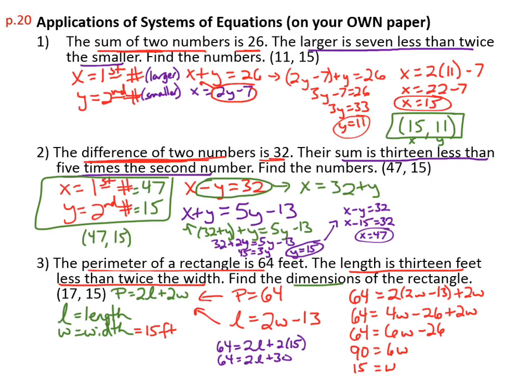Subtract our 30 from both sides, and we have 34 is equal to 2 times the length. Dividing both sides by 2, that will tell us that our length is 17 feet. So there are the dimensions for our rectangle, 15 and 17 feet.